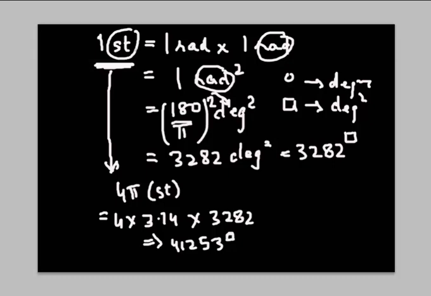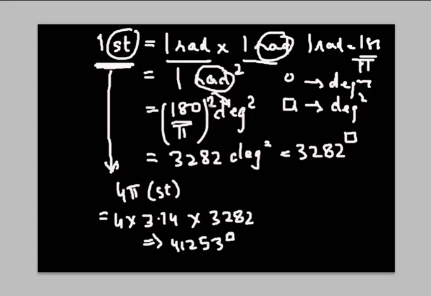Now we look at the relation between 1 steradian and a radian. We know that 1 steradian is the solid angle which is subtended by the area r square. So I can say that r square is made up by 1 radian into 1 radian. So 1 steradian is 1 radian square, and we know that 1 radian is equal to 180 upon pi degrees.